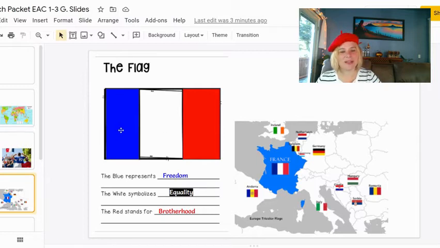They have different saints that the colors meant originally, but if you go and ask the French people today, this is what they would say the colors mean for them. The blue represents freedom. Okay, you can write that in. The white symbolizes equality, and the red stands for brotherhood.